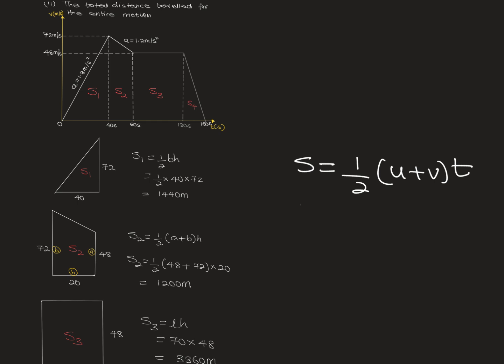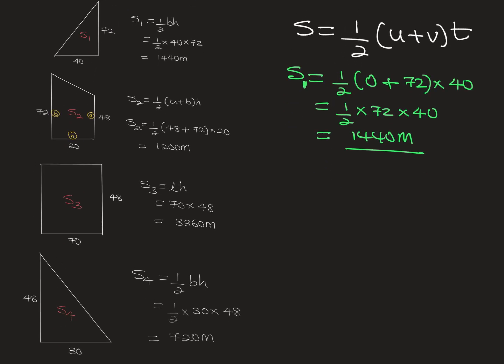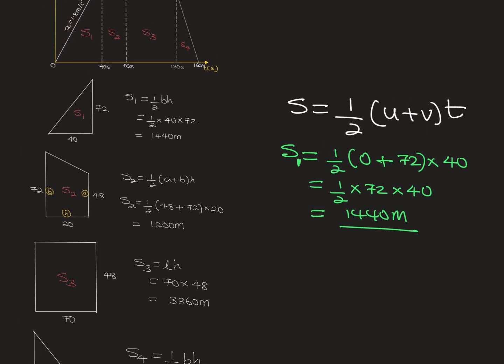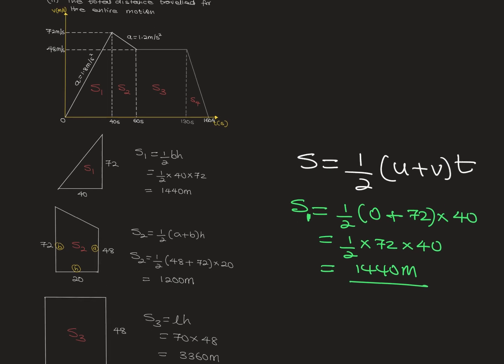So that is S is equal to half into the initial velocity for the first phase of the motion, which is 0, plus the final velocity, which is 72, multiplied by the time, which is 40. So that is going to be half times 72 times 40, and that will be 1440 meters.